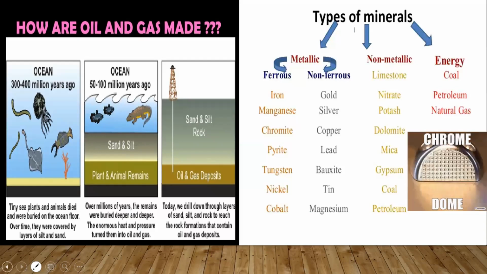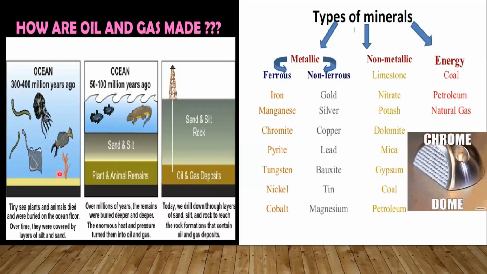300 to 400 million years ago, in the ocean, sea plants and animals died and were buried on the ocean floor. They were covered by layers of silt and sand. Silt is very soft soil. Before 50 to 100 million years ago, the sand and silt, with plant and animal remains, were buried deeper and deeper.